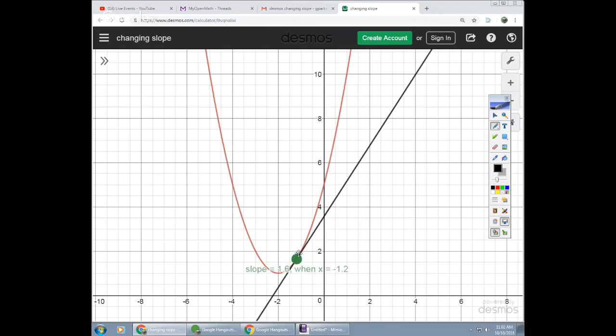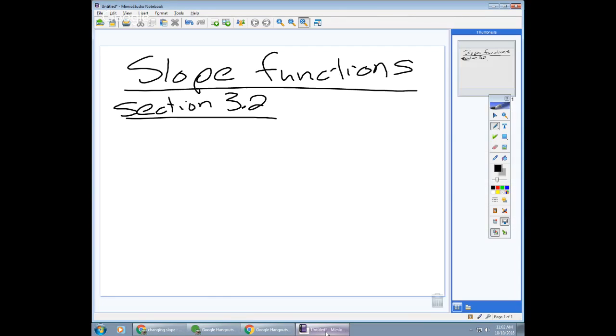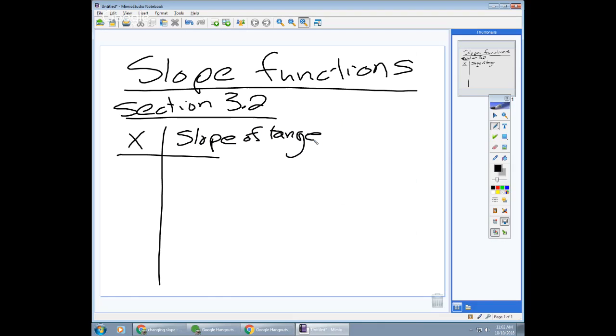Okay. So let's write down some numbers. We're going to build a table and see what this looks like. So starting with x equals -4, the slope is -4. So x versus the slope of the tangents on the parabola.